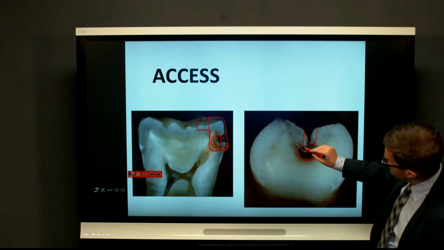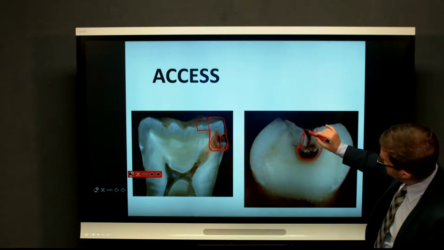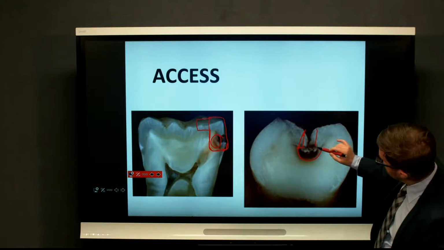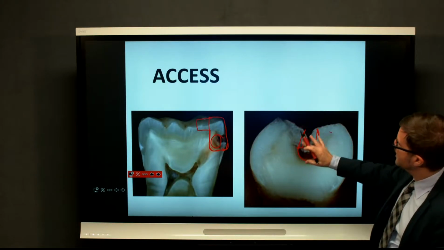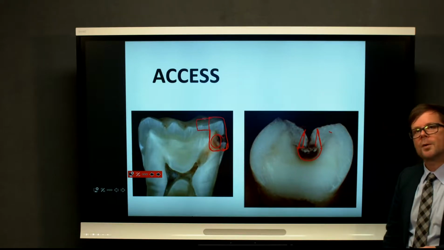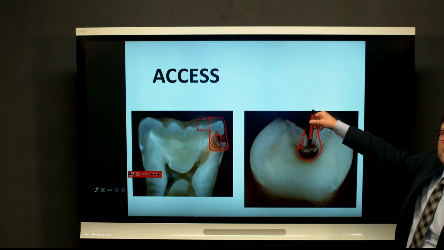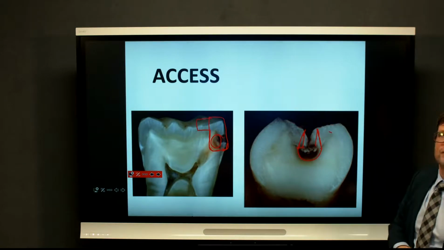We would probably extend the enamel removal this way so that we eliminate unsupported dentine. Okay, and so our final cavity design may look something like that. So our access here is more direct and results in less removal of sound dental tissue.